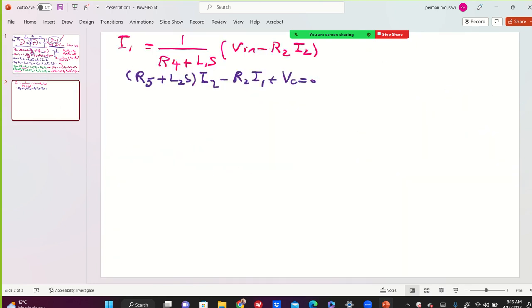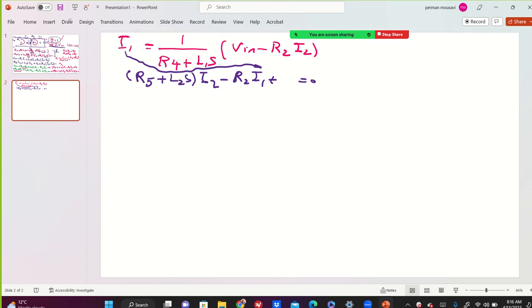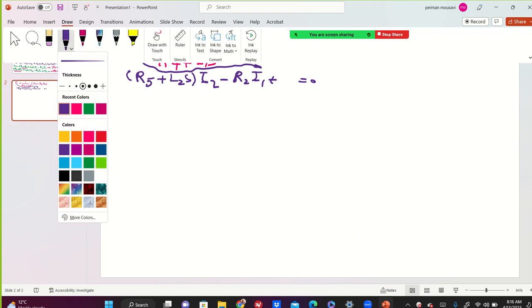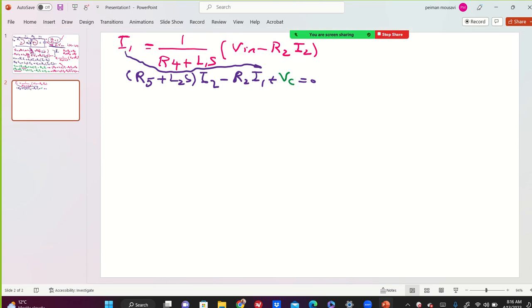Okay. So what we're gonna do, I'm gonna replace this I1 here. But before going ahead, if you remember from the RLC circuit I was teaching you earlier, remember that the current in the capacitor, I2, is C dVc over dt.